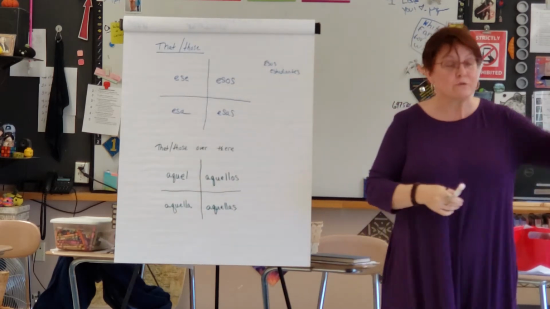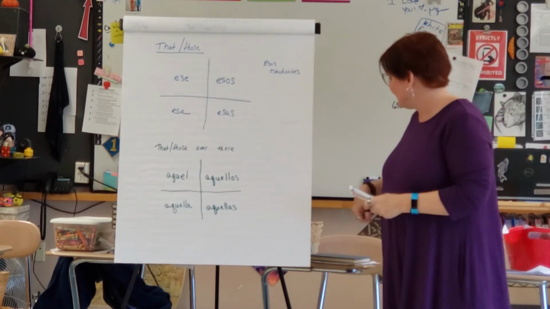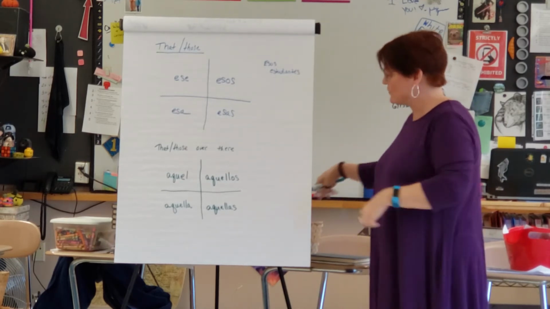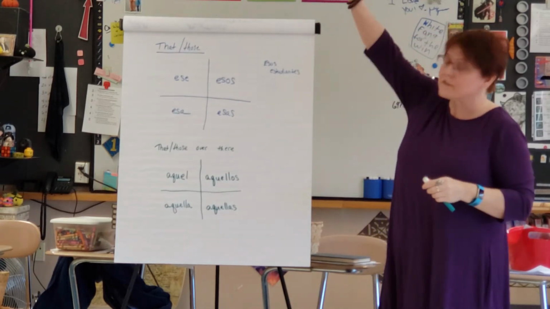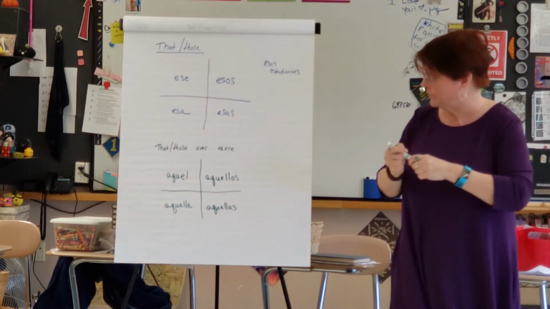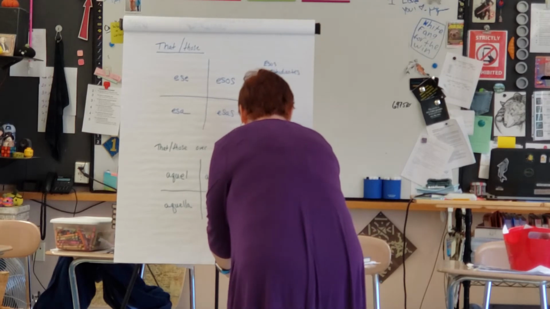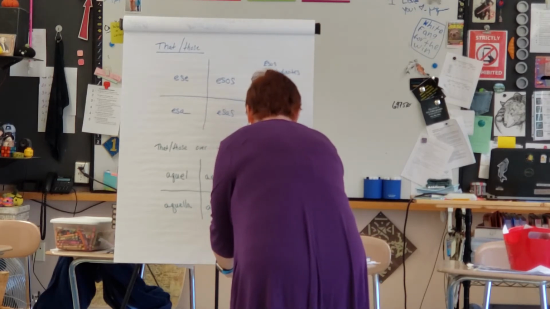And they can be those students sitting on this side of the room. If we had aquellos estudiantes, which are those students over there, they're the ones in the hall, across the hall in that classroom over there, Ms. Brooks' room. So we have aquellos estudiantes.